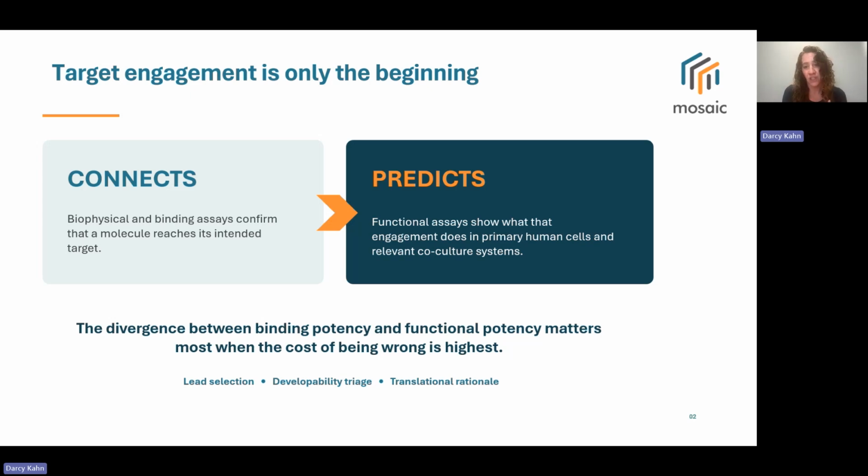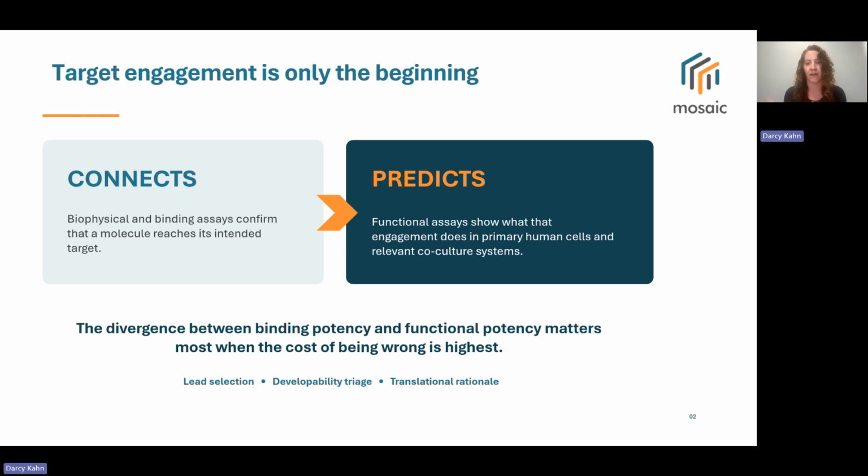And that divergence matters most when the cost of being wrong is highest. So these are in things like picking a lead, deciding what is developable, and building confidence that in vitro results will actually translate in vivo. So you see the same principle in T cell engager development all the time.